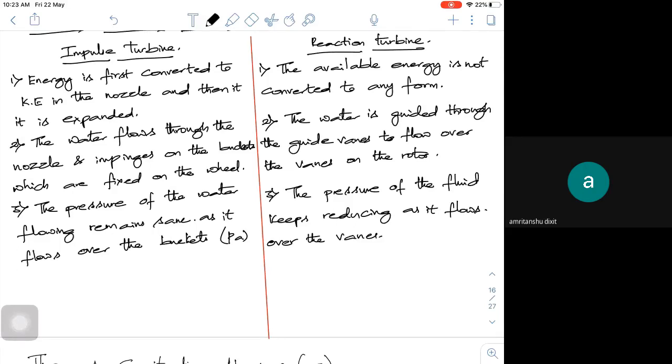Will the pressure be atmospheric? Need not be. This pressure will be above atmospheric.